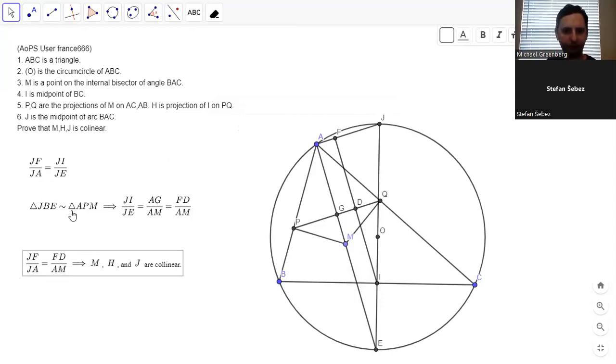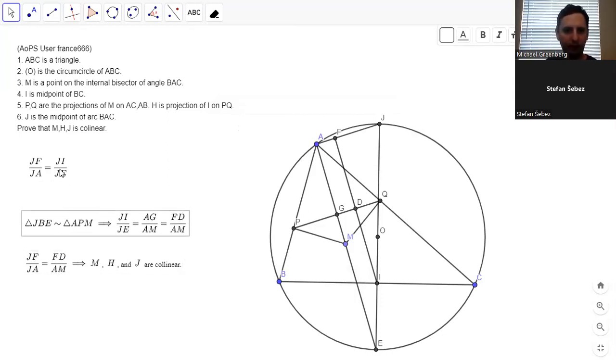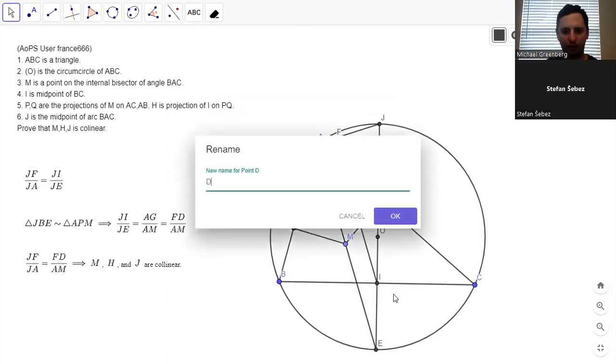So I named the point D here in the diagram. Point D should be H. Oh, you're right. So I'm going to change that.